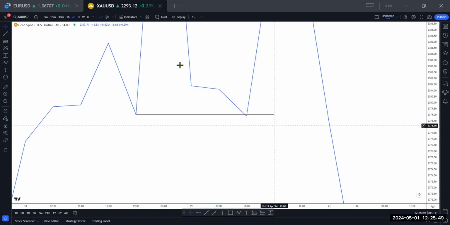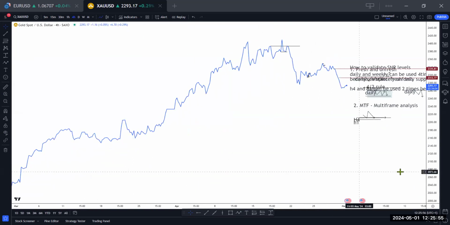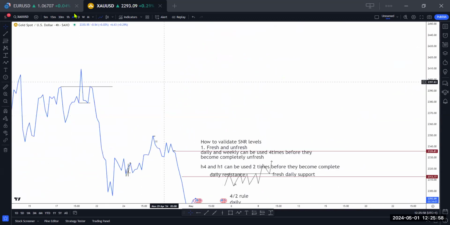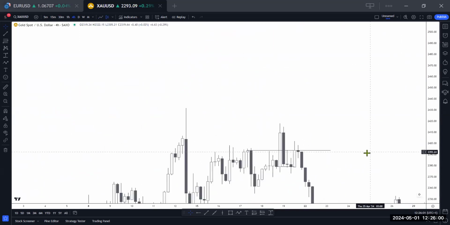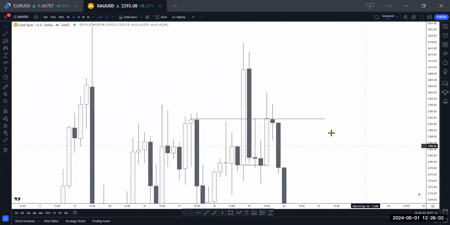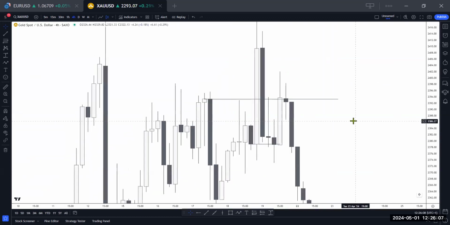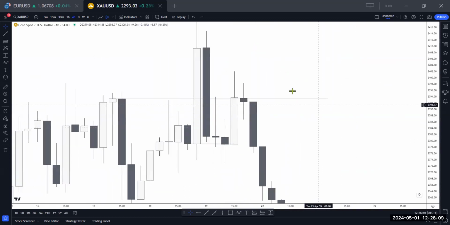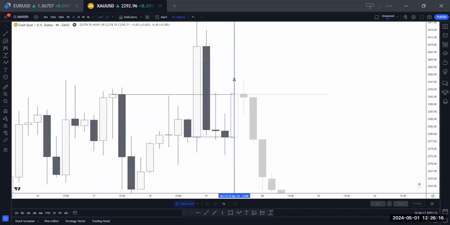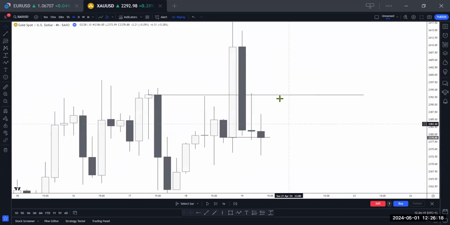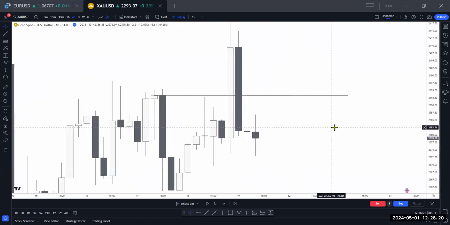So we had breakouts. I'm going to use this HNS level. Now, an important thing to note about this HNS level: is it fresh or unfresh?